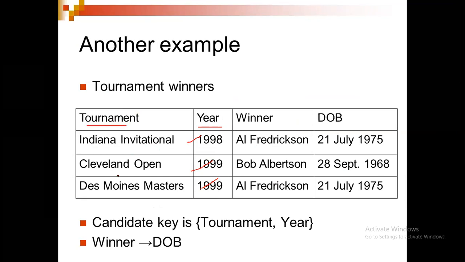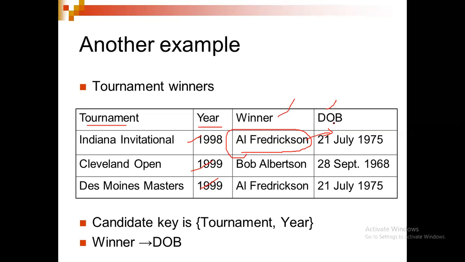And when I go for the winner, the tournament played in this year has been won by so and so person, who has won this particular trophy. This winner depends on the date of birth. If I want to know about Fredrickson, what is his date of birth, these two are dependent on each other.